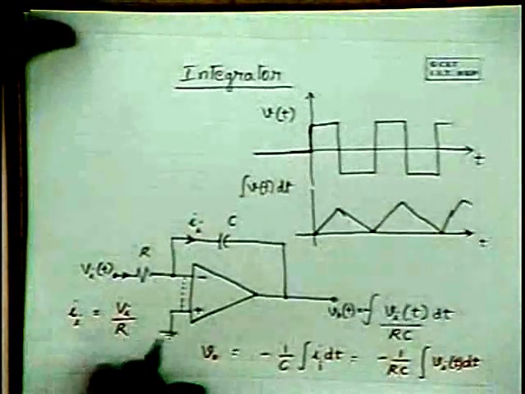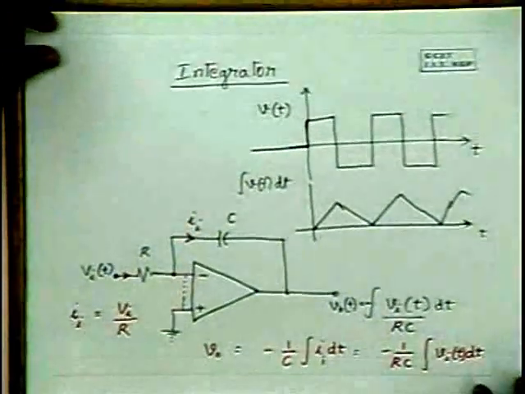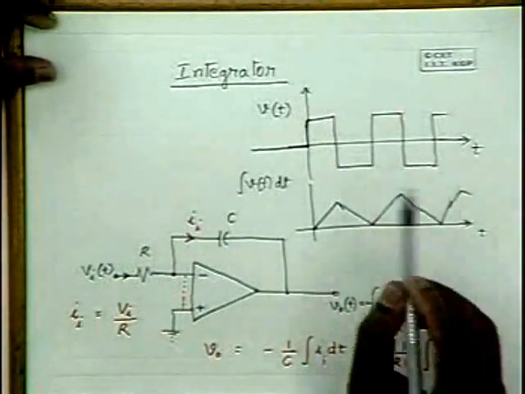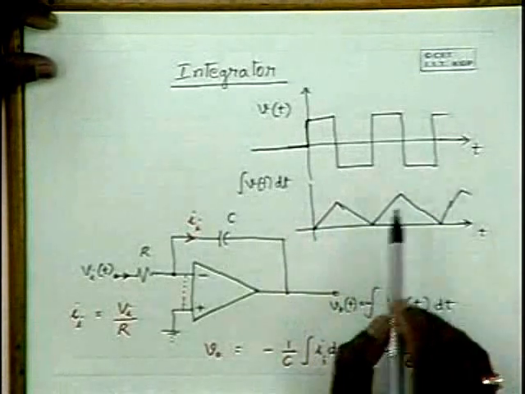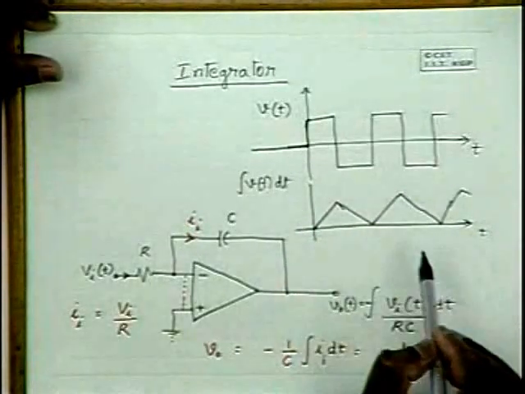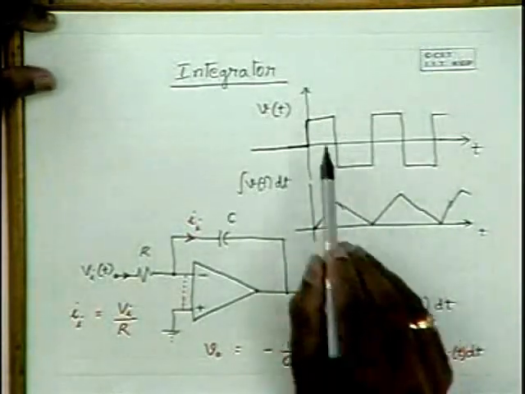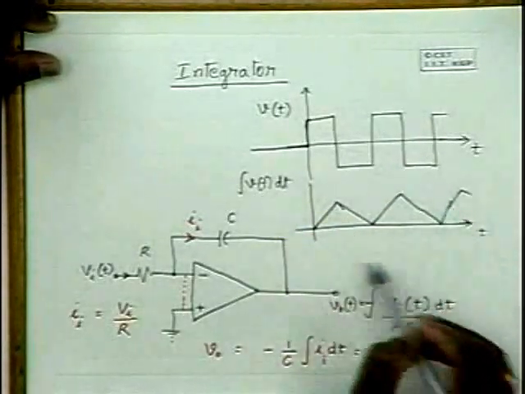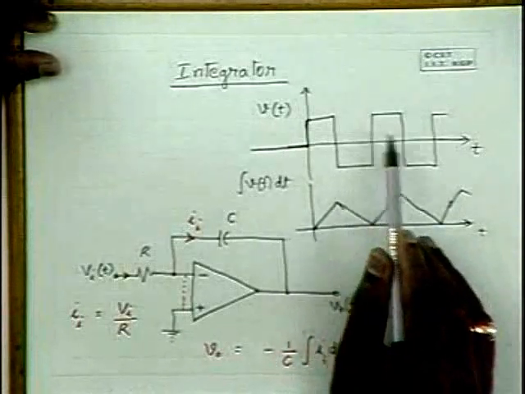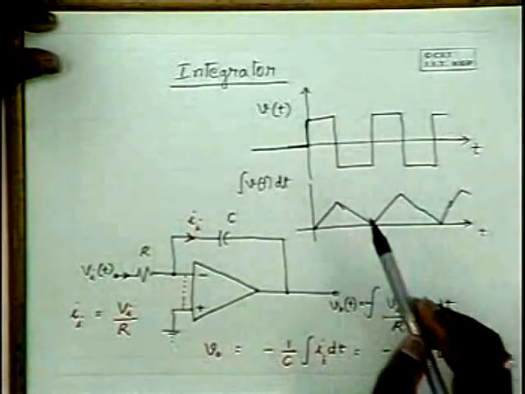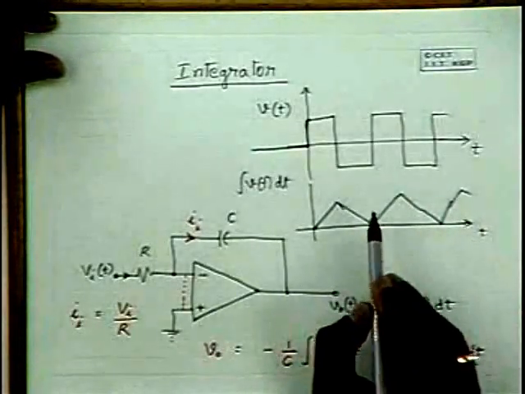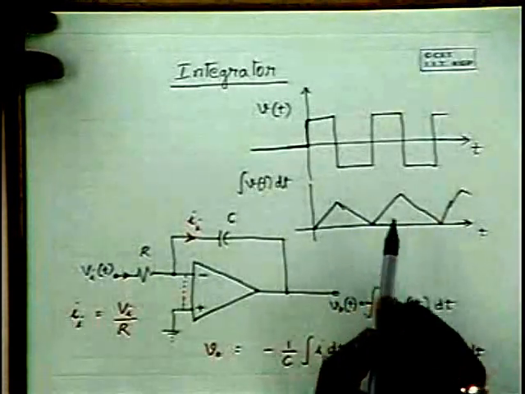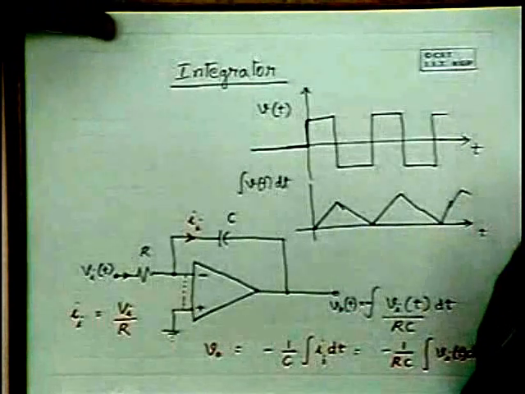A voltage differentiator gives you a differentiated version of the input voltage. So this is the input voltage. Now if we differentiate this triangular function, you will get this square function. So what a differentiator does is, it gives a differentiated version of the input voltage.